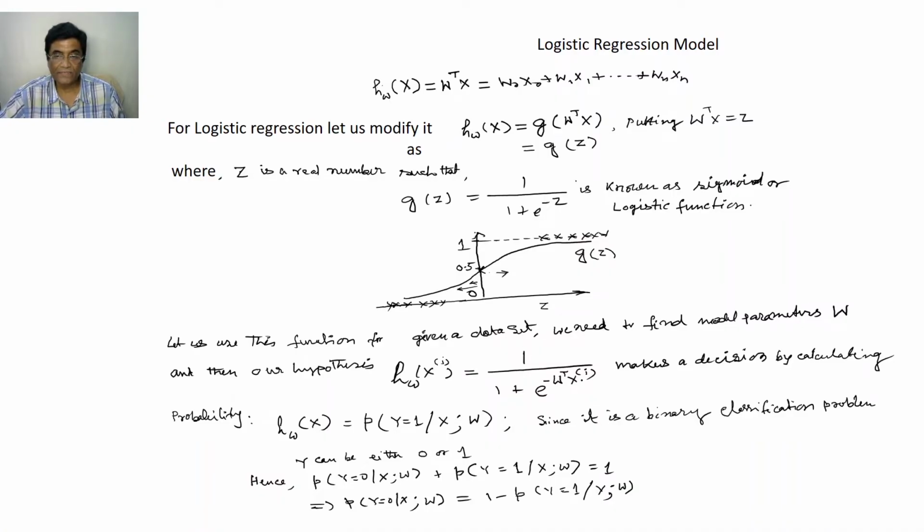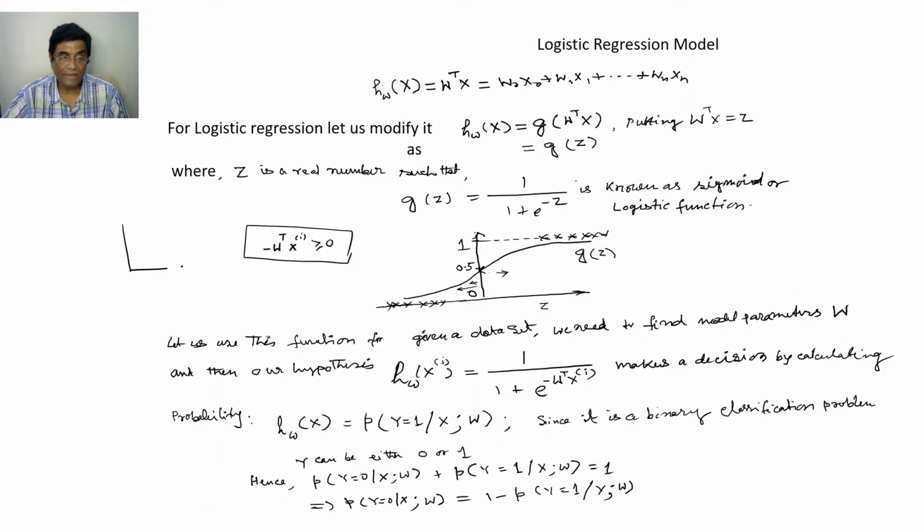For all other samples, it will be either greater than 0.5 or less than 0.5. And this is making minus w transpose x greater than or equal to 0. This calculates the decision boundary.